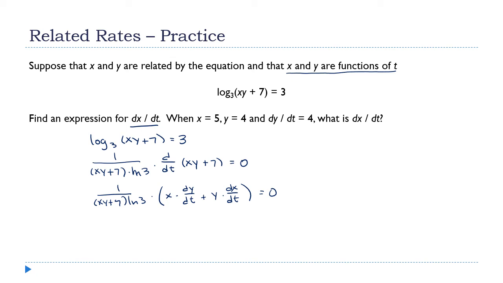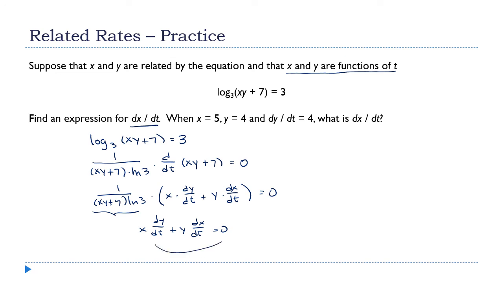Okay, well, this is actually about to work out nicer than we might have hoped. Multiply both sides by (xy plus 7) log of 3. Clear the fraction. The left side becomes x dy/dt plus y dx/dt equals 0. And remember, keep track now, we're solving for dx/dt.